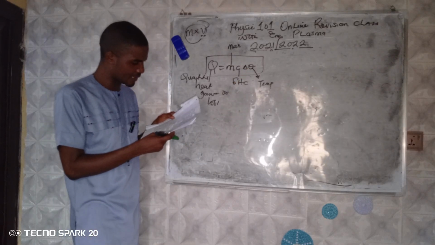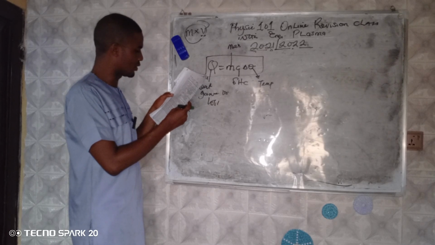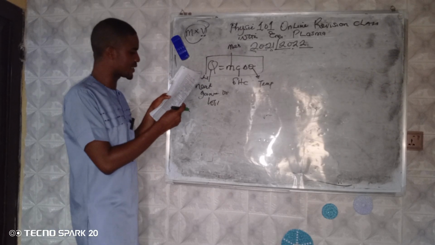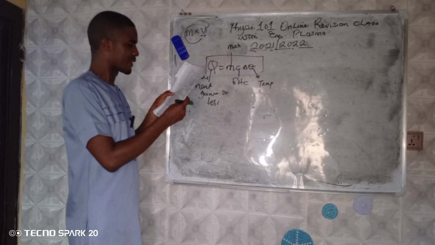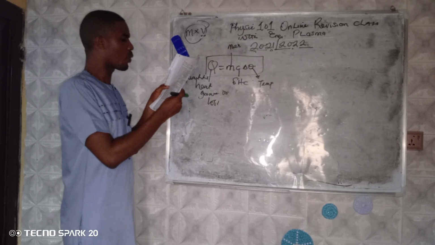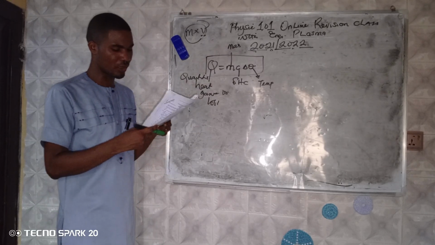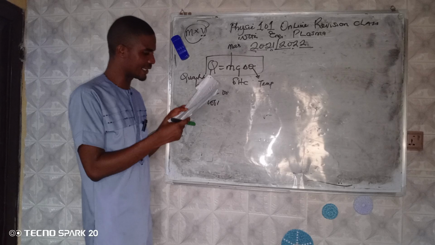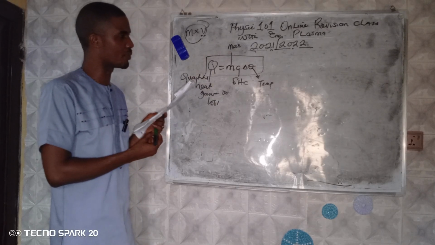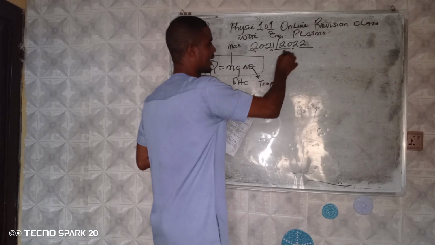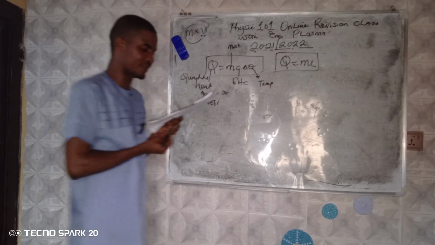So what is the question? In the expression Q equals mc theta, Q is heat capacity, no. Latent heat, no. Specific heat capacity, no. Quantity of heat gained or lost, yes. Mark that. So remember I told you that if it were latent heat of fusion, we have that Q equals ml. Don't forget this. We said that in part 1.